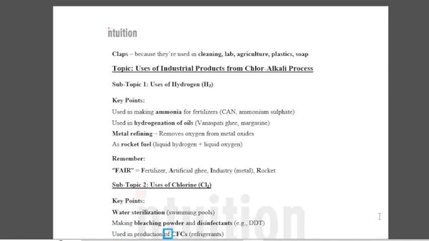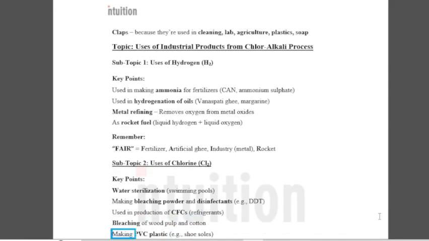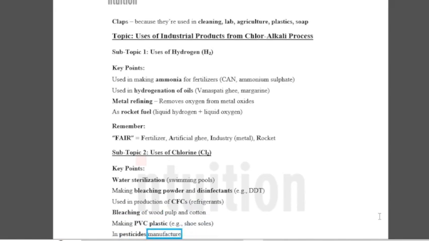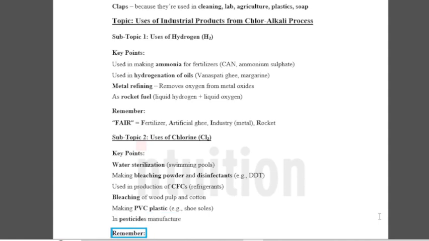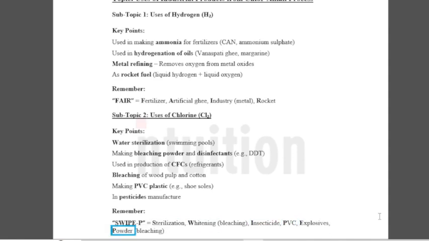Used in production of CFCs, refrigerants, bleaching of wood pulp and cotton, making PVC plastic, for example shoe soles, and in pesticide manufacture. Remember SWIPE-P: sterilization, whitening, bleaching, insecticide, PVC, explosives, powder, bleaching.